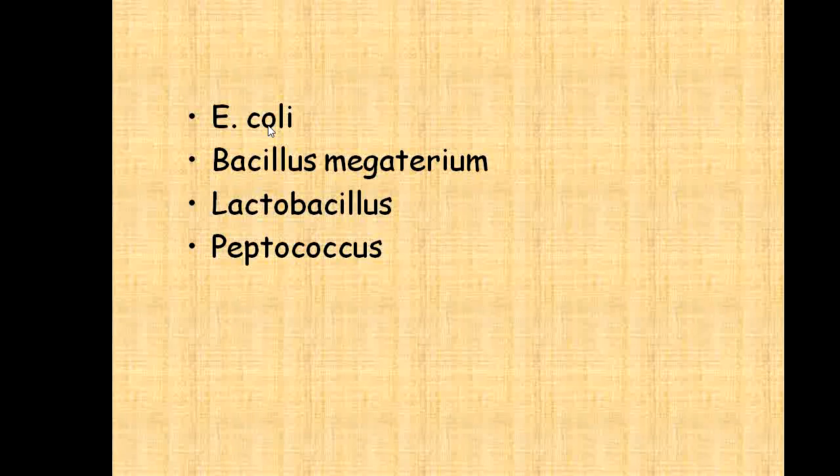Bacillus megatherium also produces vitamin B12. Lactobacillus and Peptococcus species do not produce vitamins. Actually, Peptococcus produces a little bit of vitamins in the body, but these mainly help in the absorption of food and vitamins.